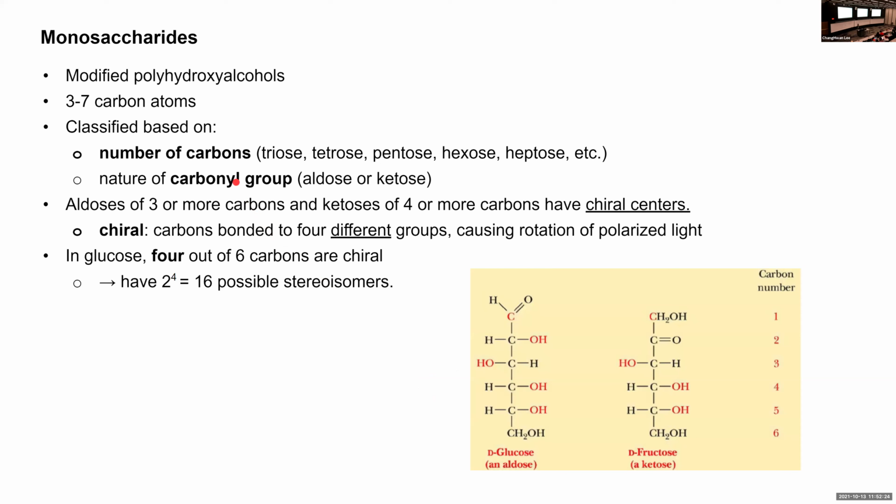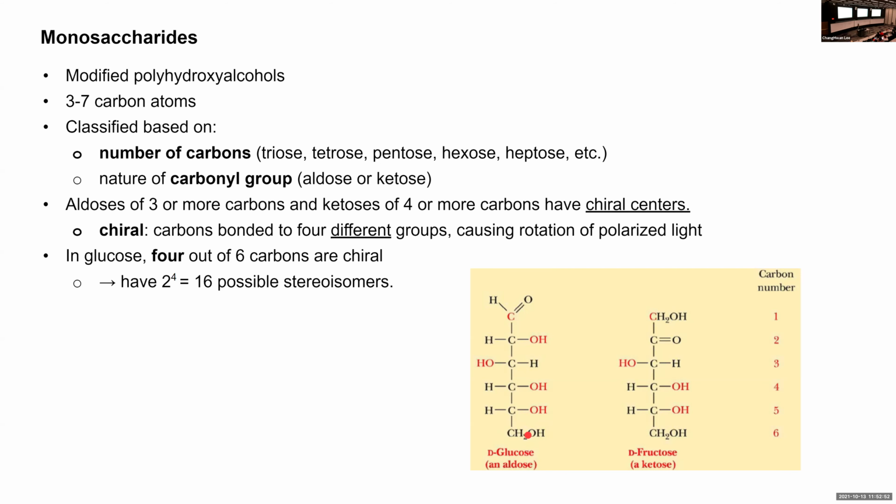Okay, so like I said, monosaccharides, which are simple sugars, are really important because they basically form the property of the polymer too. These monosaccharides are modified polyhydroxyl alcohols. As you can see, this has hydroxyl groups, lots of them, so polyhydroxyl. And alcohols, when you look at it, in the end, have a hydroxyl group that is directly attached to carbon.